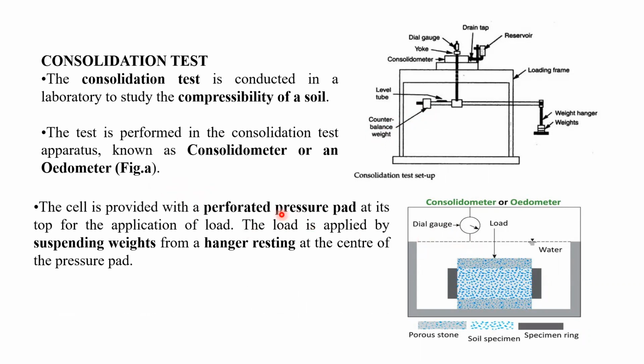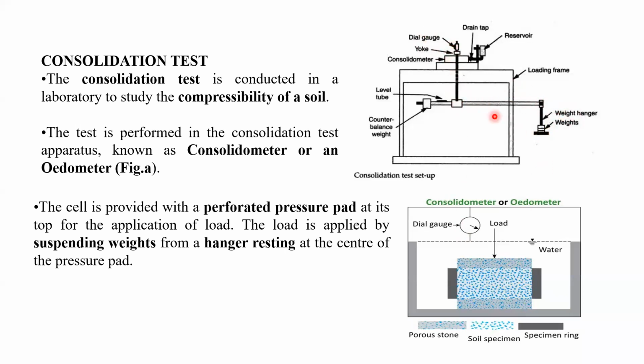As I told you, the porous stone is on the top and bottom, and the hanger is there. So what is going to happen? We are going to keep the load on this hanger, and once you put the load, this will come down and this will go up.